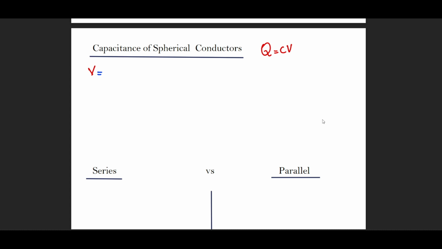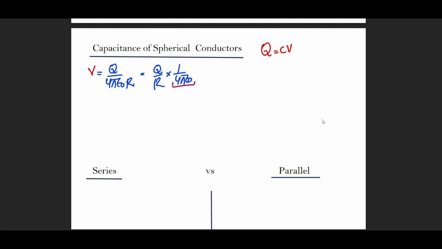Voltage is defined as Q divided by 4 pi epsilon naught R. If you separate this, it becomes Q divided by R multiplied by 1 over 4 pi epsilon naught. Since that is a constant, we are not dealing with it right now.